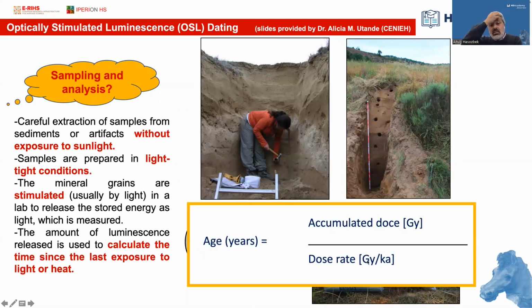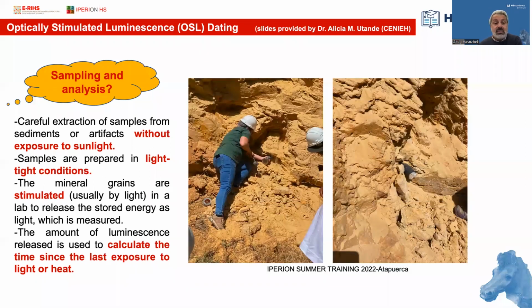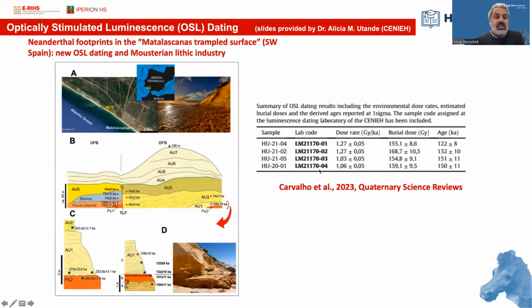Here is the general formula: basically your accumulated dose divided by the dose rate, which gives the time since the last exposure to light and heat. And this is an example from the Hyperion summer training, where students are taking samples from the sediments of Atapuerca. And this is one of the recently published papers, which was dated by Dr.